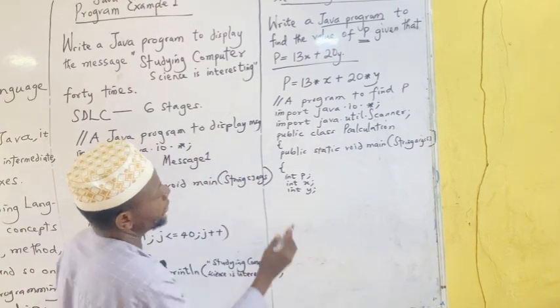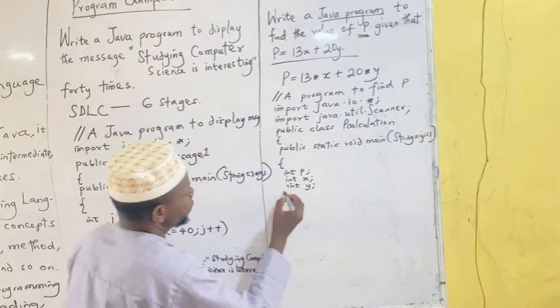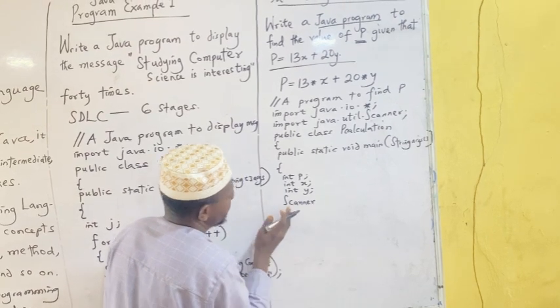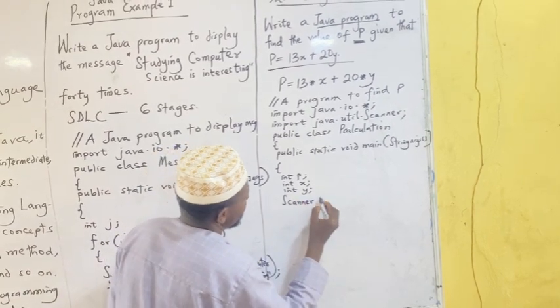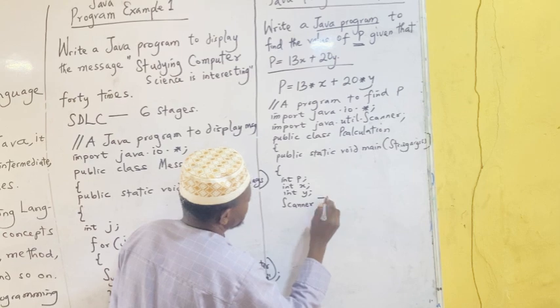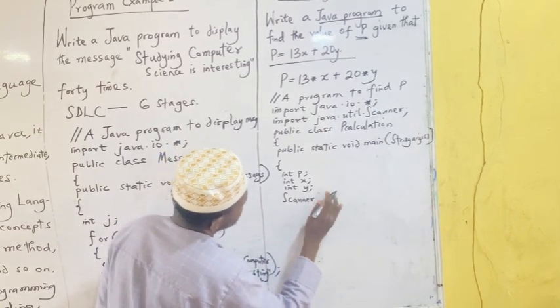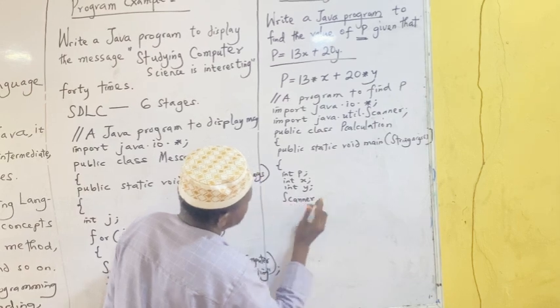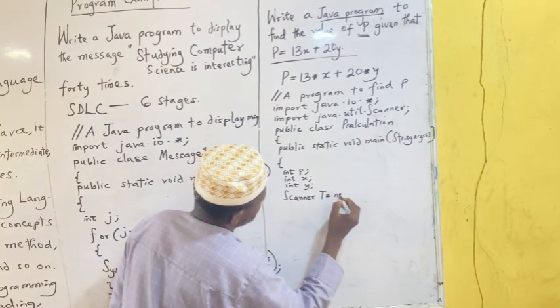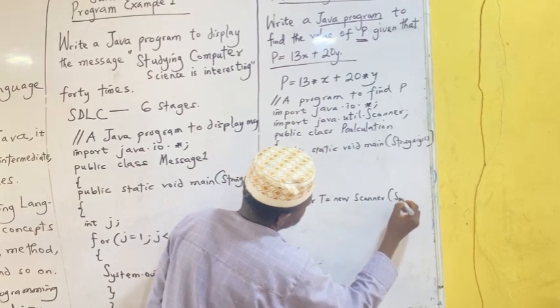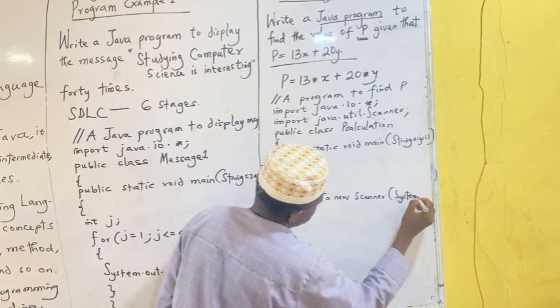And having done that, the next thing I do is to declare my scanner class. Declare my scanner variable from the scanner class. I want to call that one capital T. Scanner T is equal to new Scanner System.in.